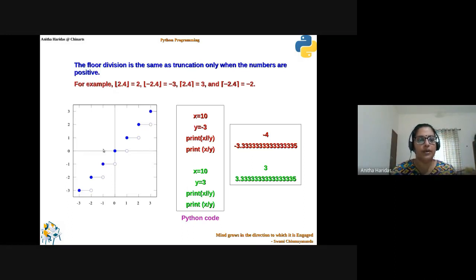It goes down, right? So minus 2.4 comes somewhere here. The floor value means floor integer, right? It goes down here. The floor value is going to be minus 3. So that is why minus 2.4 floor value will be minus 3.